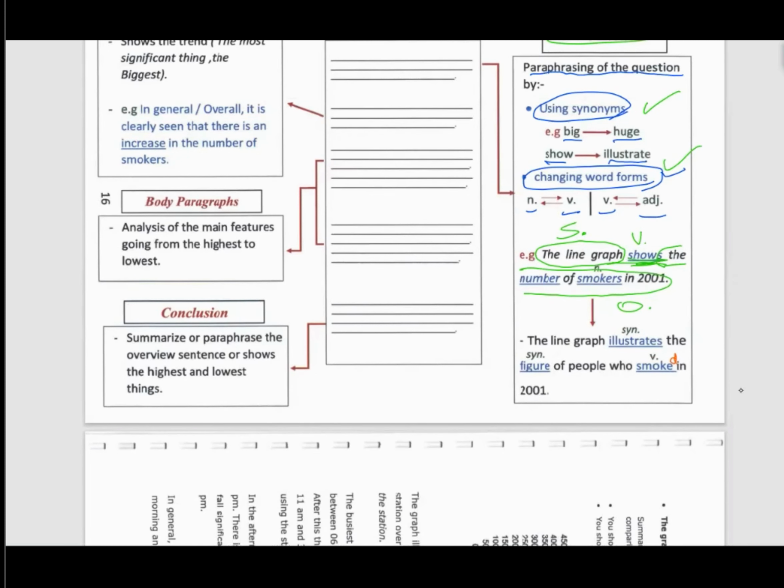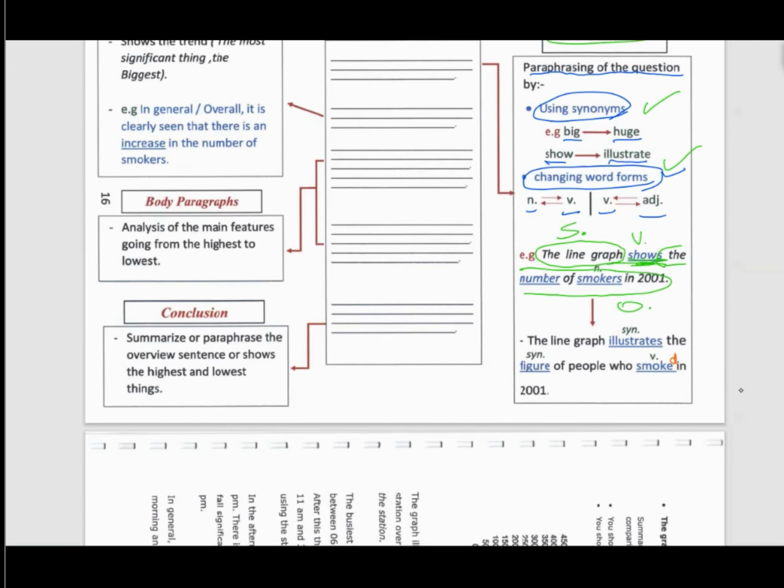If possible, change it from active to passive. But if you know all these 3 ways, you start changing from active to passive first. This is the easiest way. Then change synonyms and maybe one form. Okay, that would be easier.